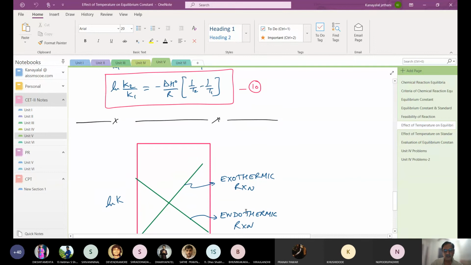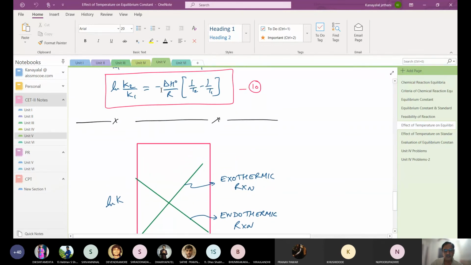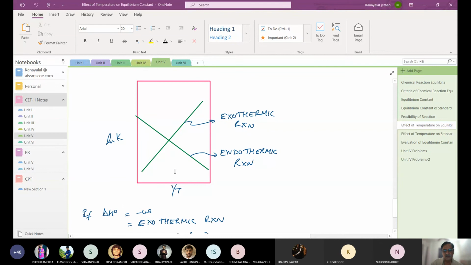Right? पॉजिटिव स्लोप आएगा एंडोथर्मिक रिएक्शन के लिए, क्योंकि एंडोथर्मिक में ये डेल्टा एच इज पॉजिटिव, सो माइनस है, और यहाँ पर ये टेम्परेचर से बढ़ेगा तो ये बढ़ेगा.